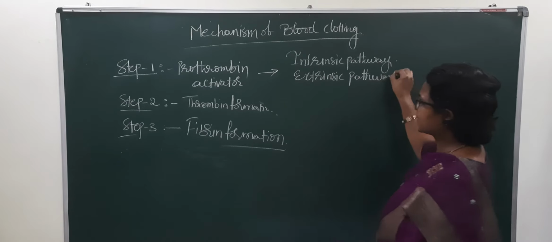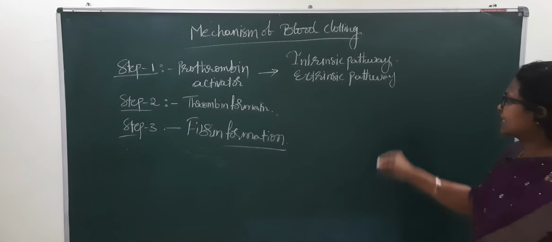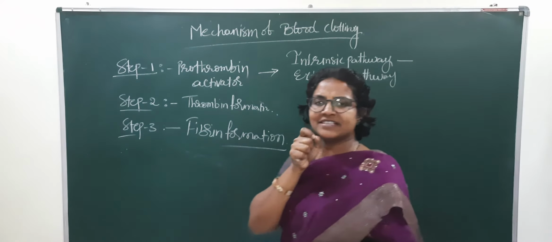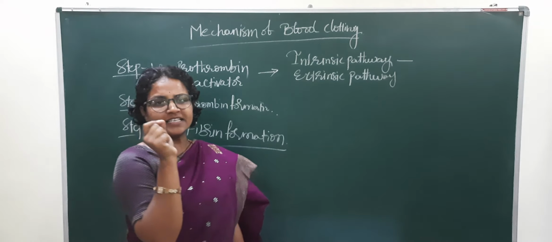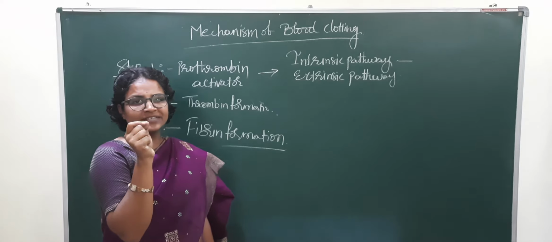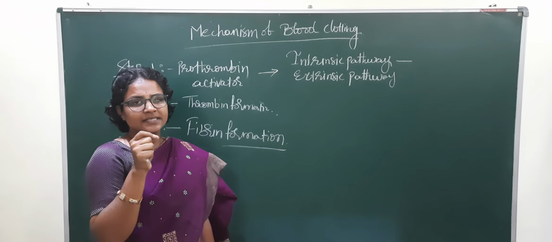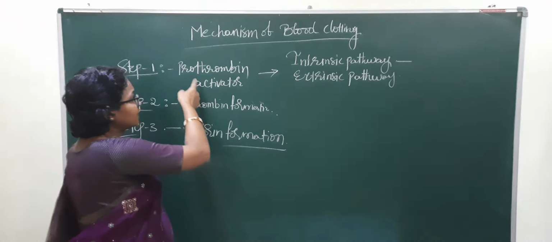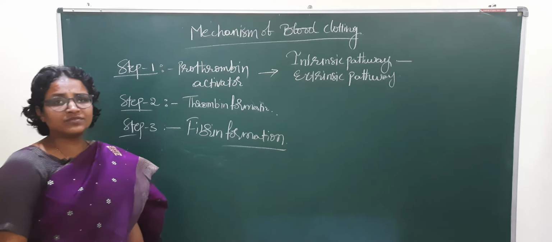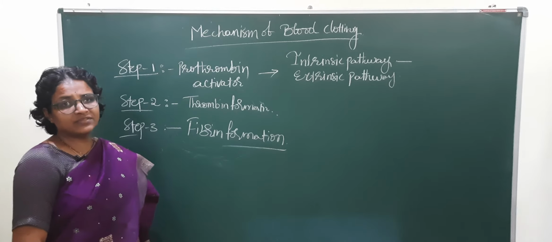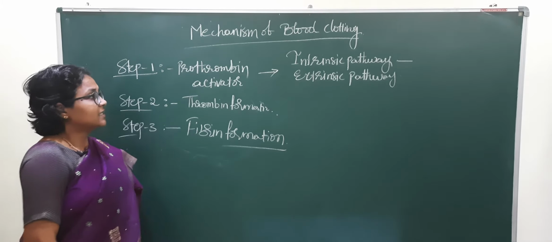Intrinsic pathway: when a blood vessel is damaged, the collagen comes into contact with the blood, so it activates the prothrombin activator. There is a formation of factor 12 which activates the prothrombin activator to be released.